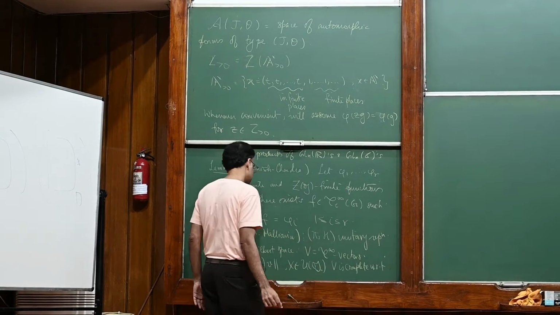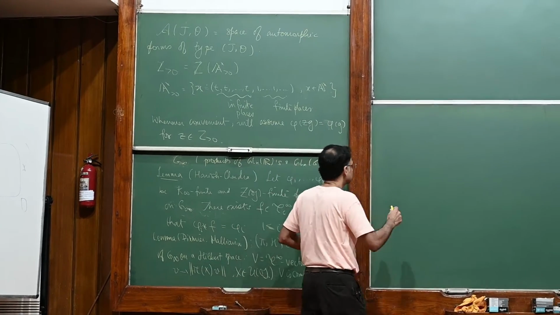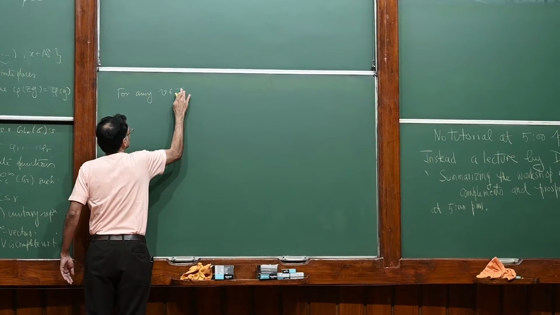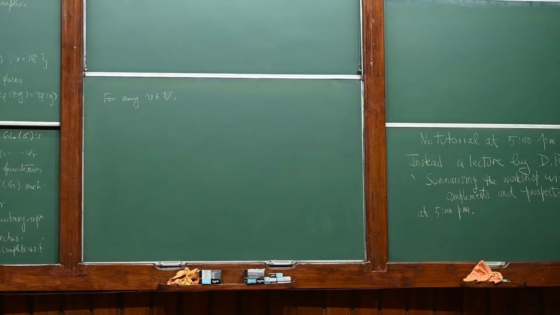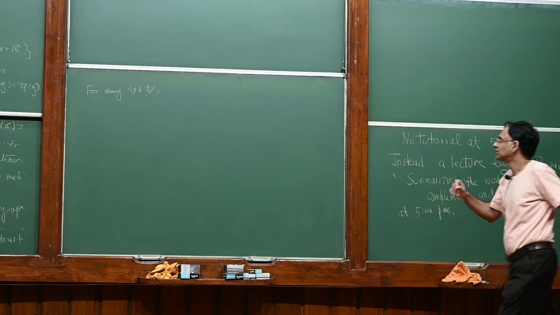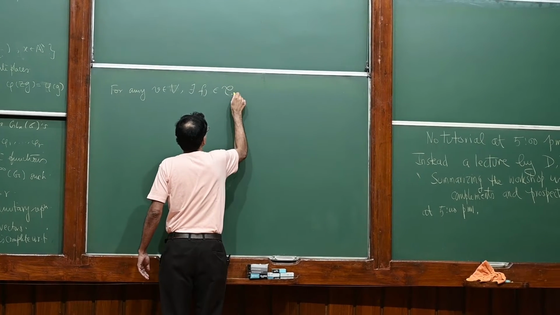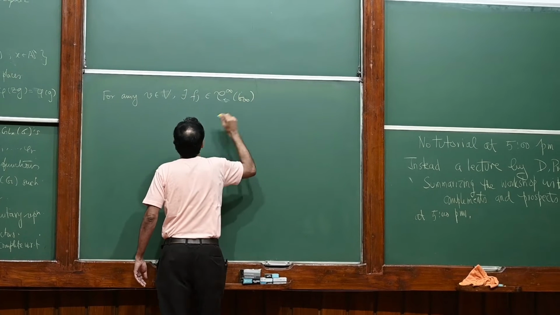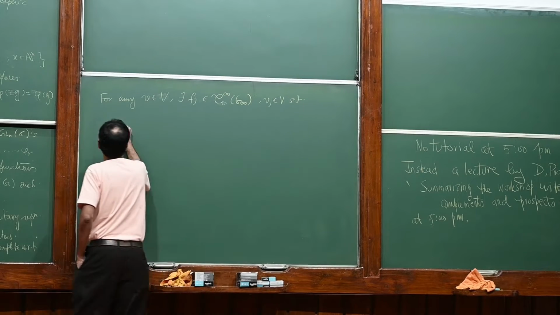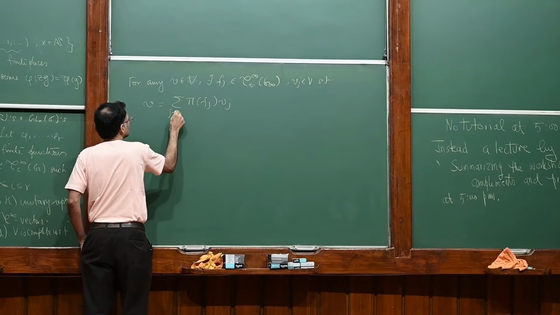The lemma says that for any smooth vector v in V, there exist f_j in C infinity compactly supported and v_j in V, such that v can be written as a linear combination of the pi(f_j) v_j.